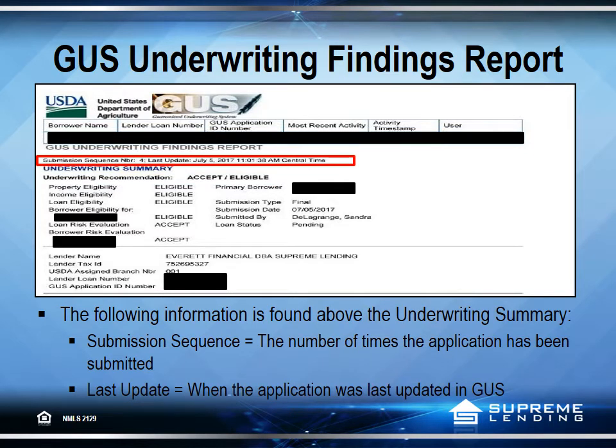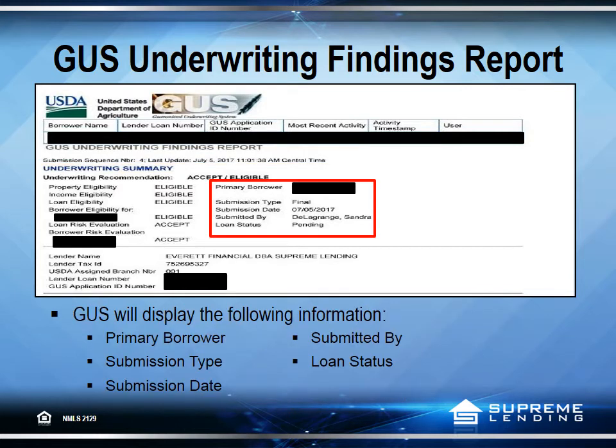The submission sequence equals the number of times the application has been submitted, and last update refers to when the application was last updated in GUS. GUS will display the following information: the primary borrower, submission type, submission date, submitted by, and loan status.